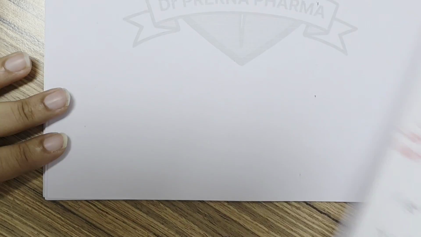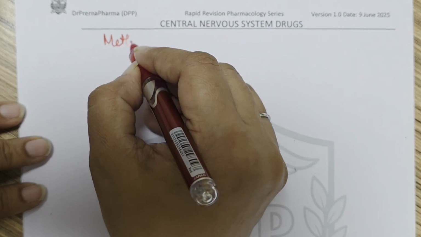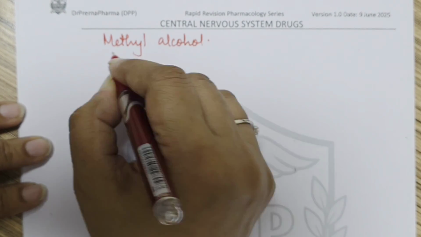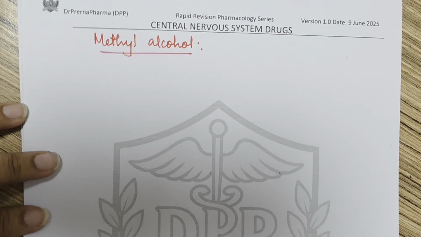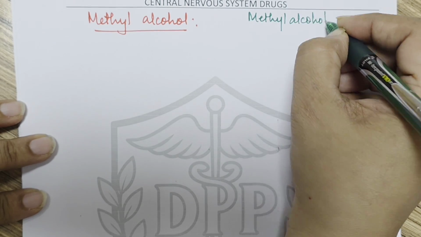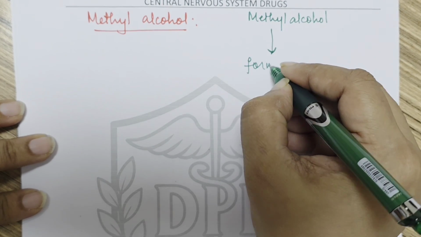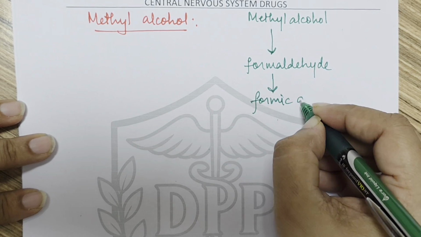Okay, next we come to methyl alcohol. So about methyl alcohol, what is important is basically its poisoning. So what is methyl alcohol? See its metabolism. Methyl alcohol gets metabolized to formaldehyde, which gets further converted to formic acid.